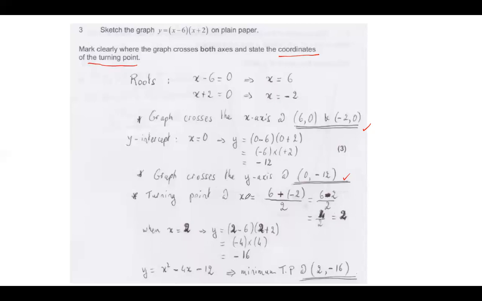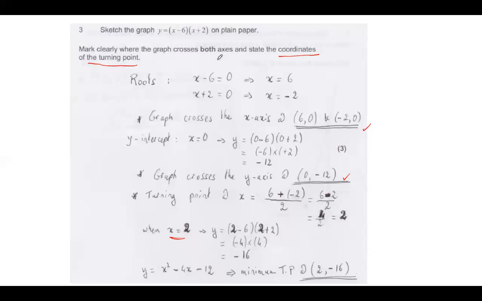So the turning point happens when x equals 2. But when x equals 2, you now need to find the value of y. So you plug x equals 2 into your function: 2 minus 6 is -4, times 2 plus 2, which is 4. So -4 times 4 is -16.